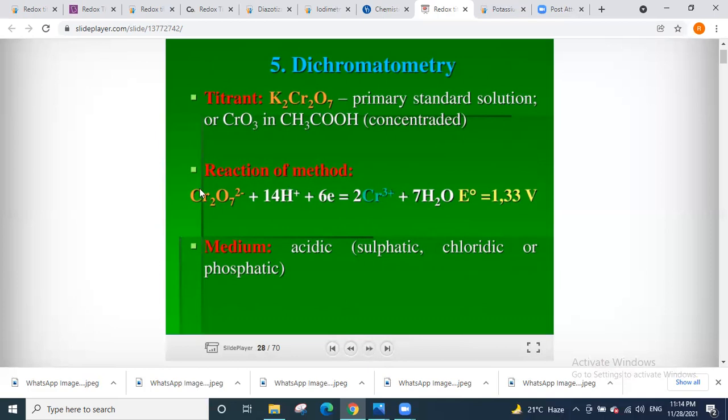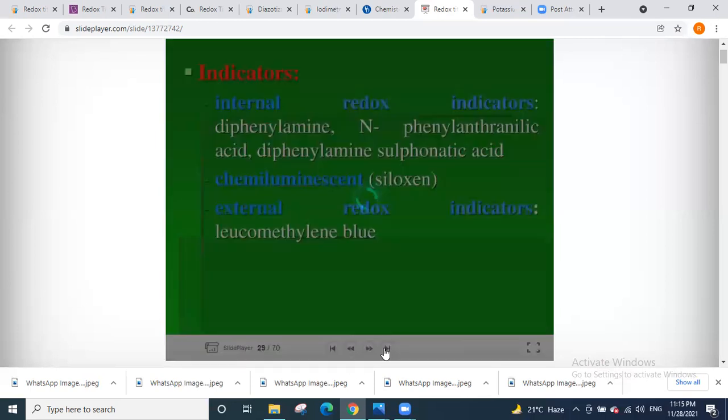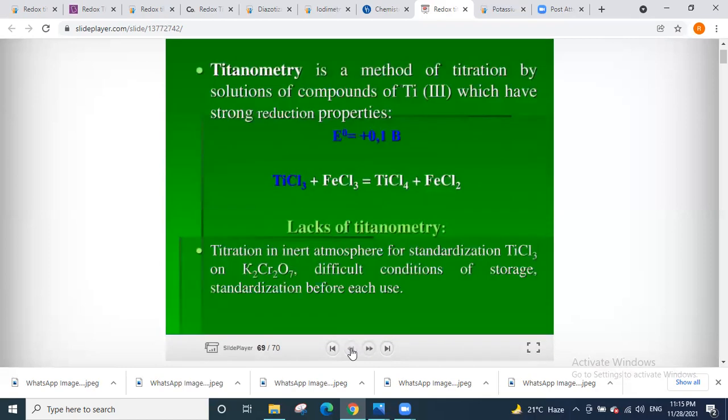In acidic media, chromium(VI) accepts 6 electrons and is reduced to chromium(III) ions. The internal redox indicators most commonly used in this titration are diphenylamine, phenylanthranilic acid, and diphenylamine sulfonic acid.